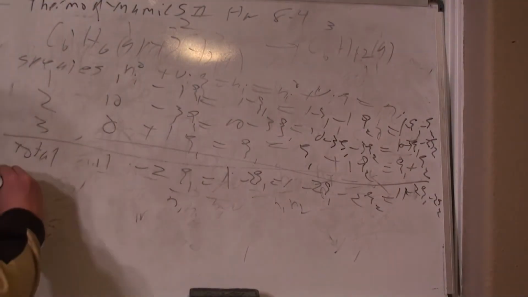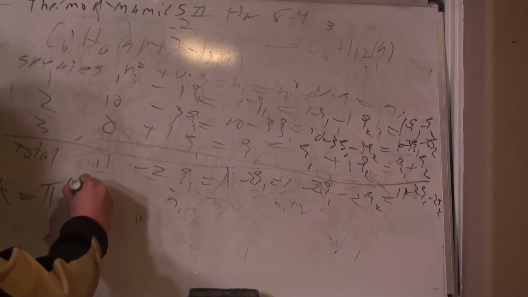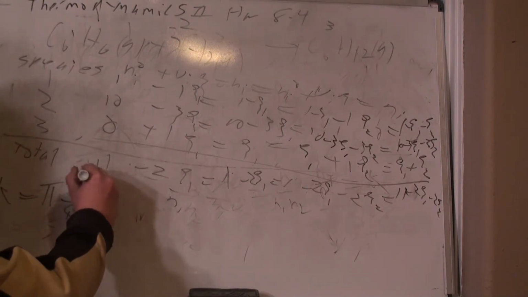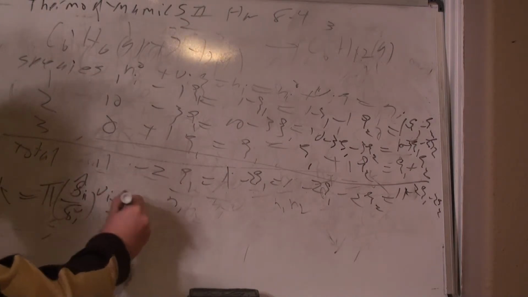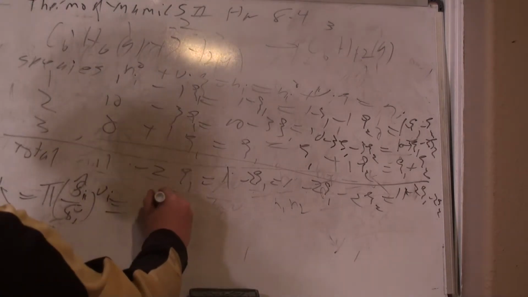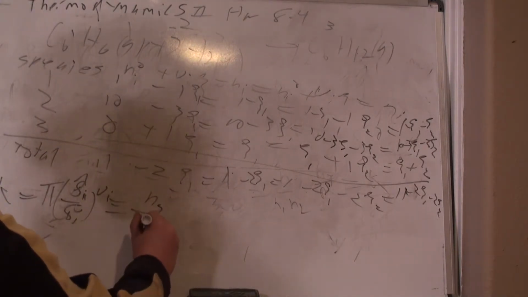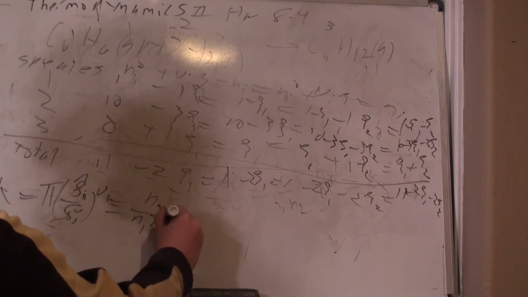Now I just need to get my K. My K is always equal to the product of fugacity over fugacity reference, y to the nu i. Now this is the gas, so everything fugacity-wise is ideal. So I have n3 over n1 times n2 cubed times P to the nu. In this case, my nu is the same no matter what.